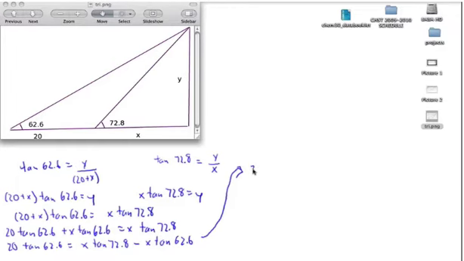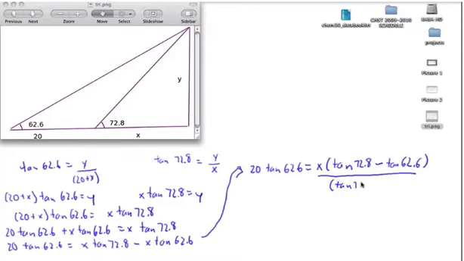On the left side we have 20 tan of 62.6, which is equal to, now factoring out the x, x times tan of 72.8 minus tan of 62.6. Now we'll divide both sides by tan of 72.8 minus tan of 62.6.